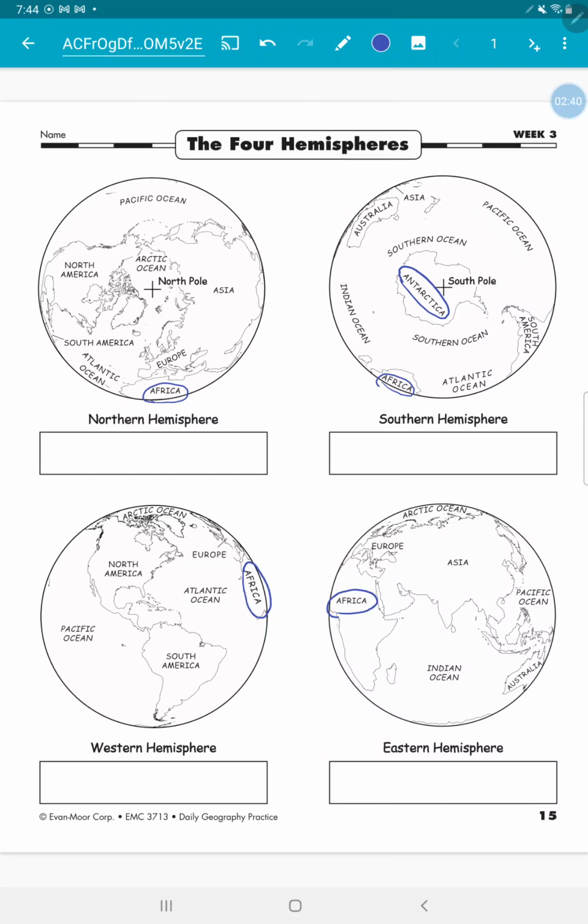We can see Asia here in the northern hemisphere. And Asia is also located in the eastern hemisphere. Australia is another continent. Here we see Australia in the southern hemisphere, and Australia down here in the eastern hemisphere.